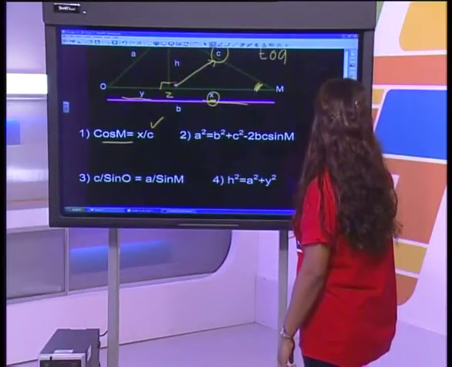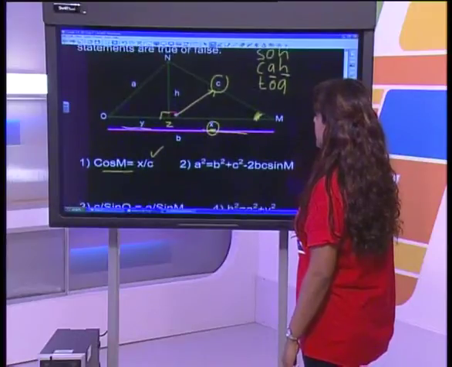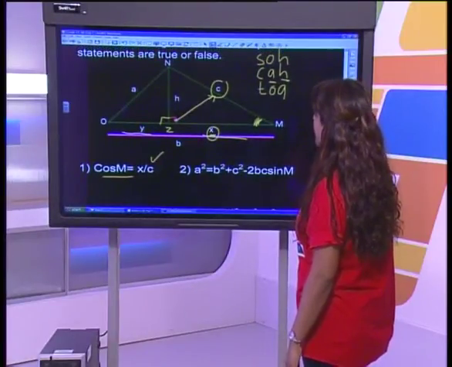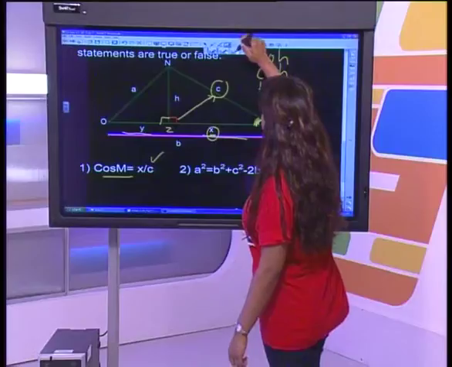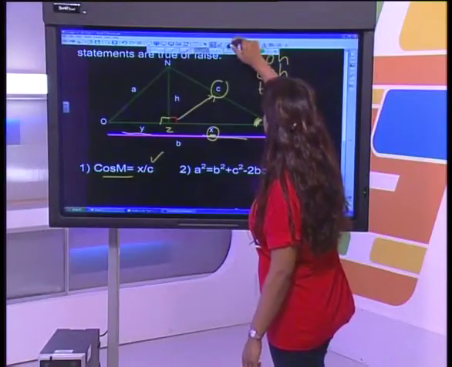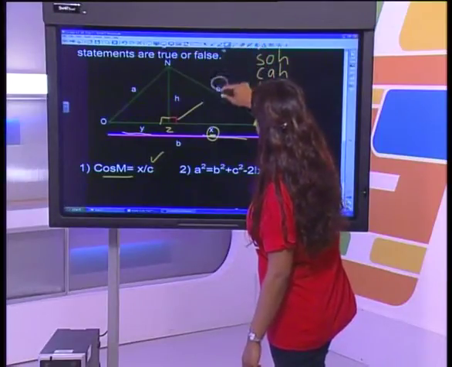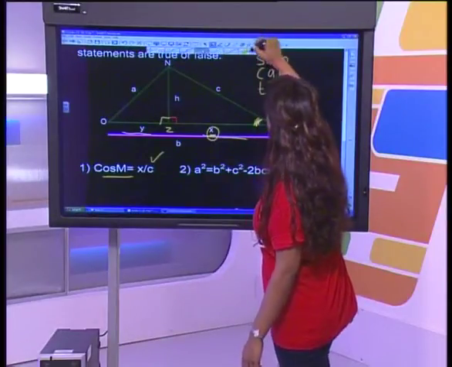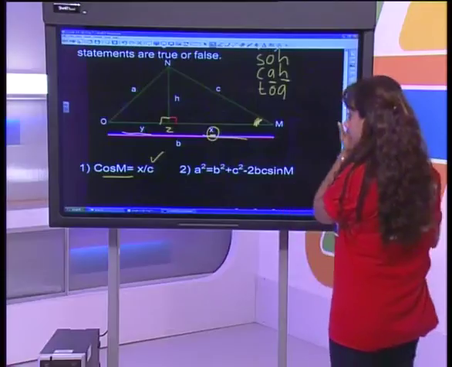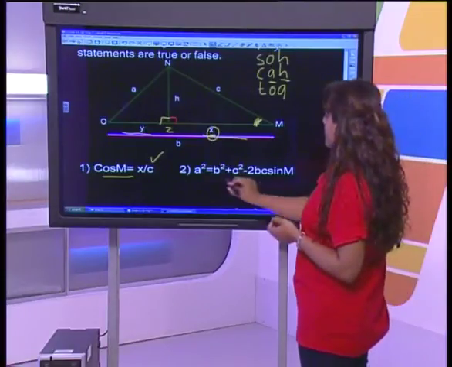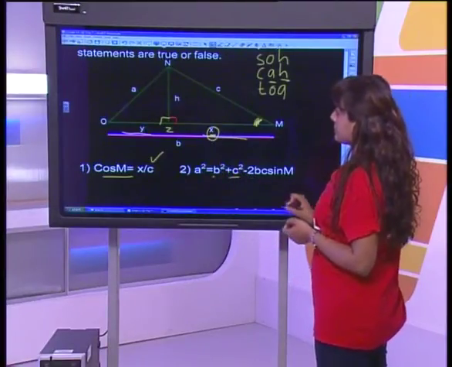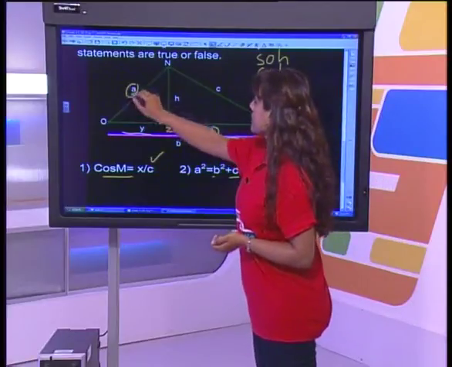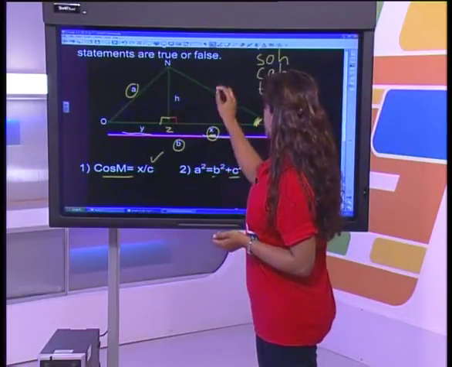They say that a squared is equal to b squared plus c squared. And I'm just going to erase what we've got on so we can see nicely what's going on here. Okay, so they say a squared is equal to b squared plus c squared. So we're looking at this one, that one, and that one.